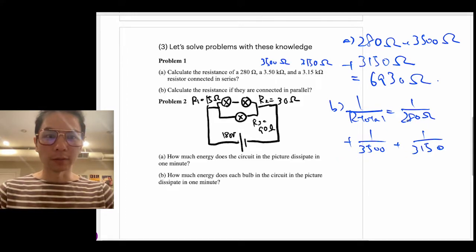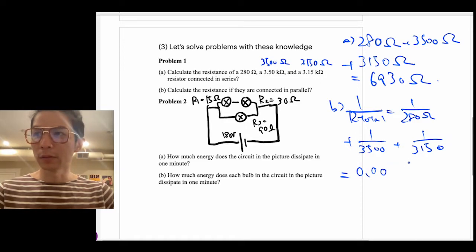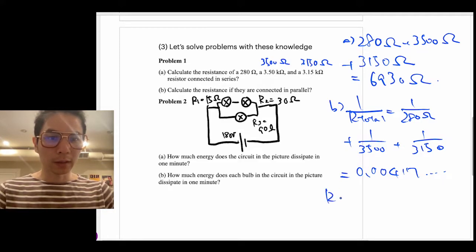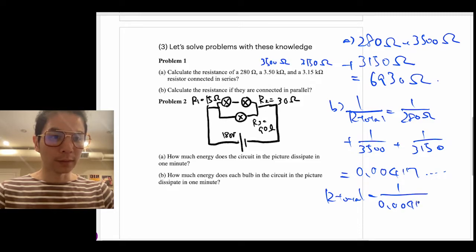And if you calculate this out by using your calculator, you're going to get a number like 0.00417 or so. And then our total can be calculated as 1 over 0.00417, which equals 239.5, and the unit is ohm.